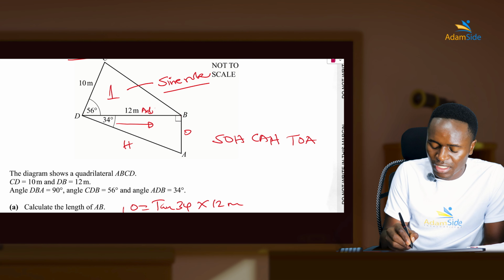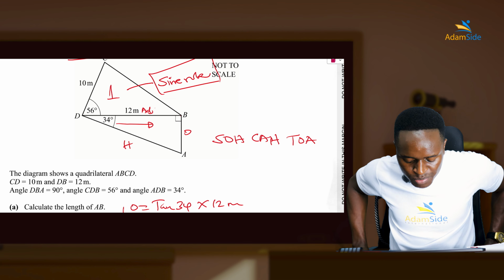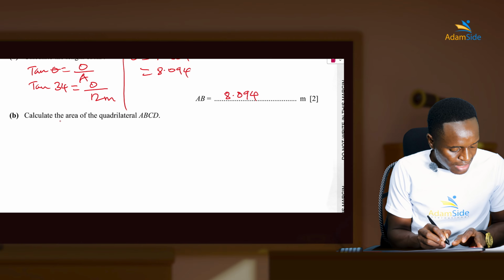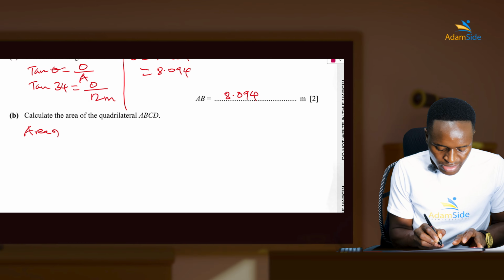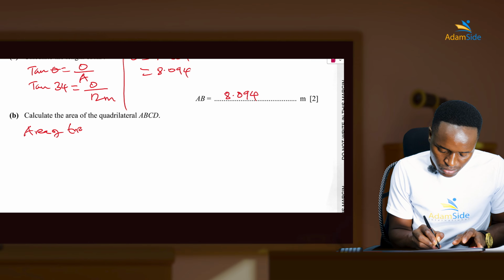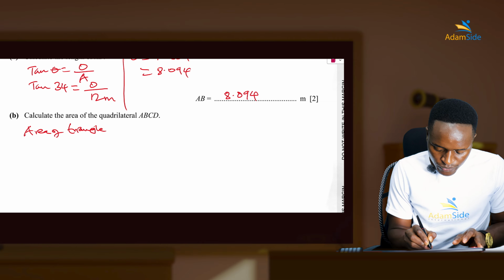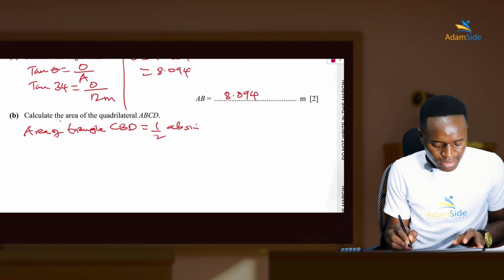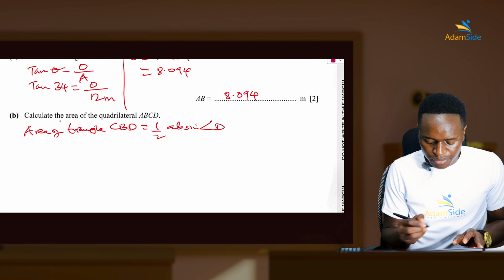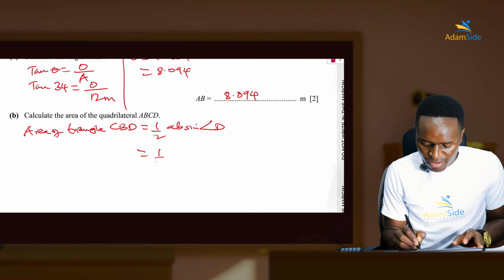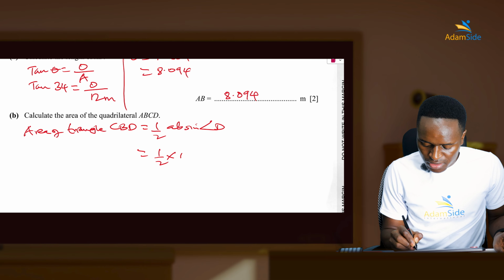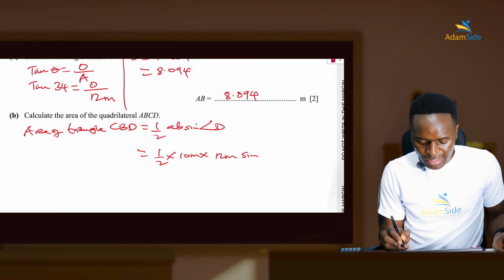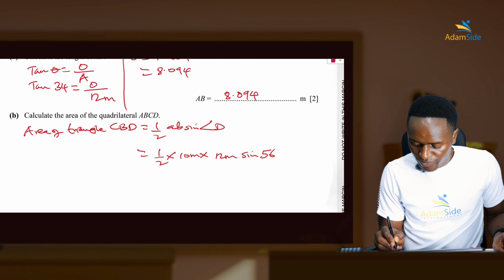If you go to the formula on the first page of your exam, the formula is given there. So the area of triangle CBD is a half ab sine angle D. So a half times a, which is 10 meters, times b, which is 12 meters, times sine of the angle, which is 56 degrees.